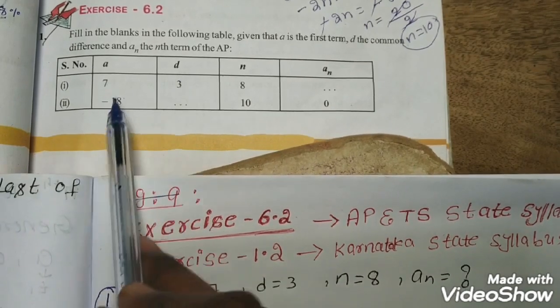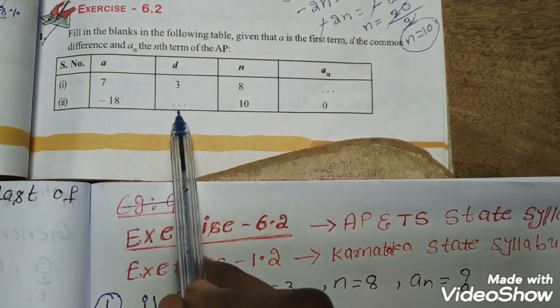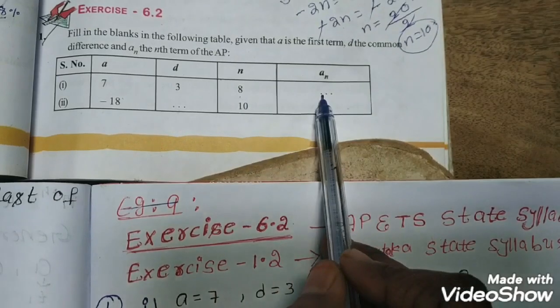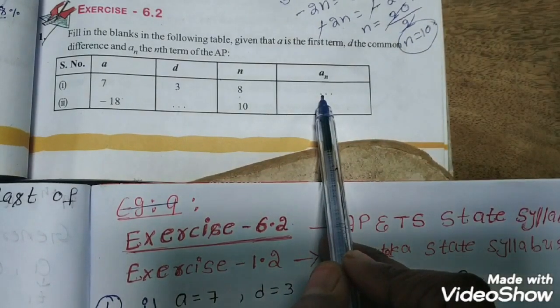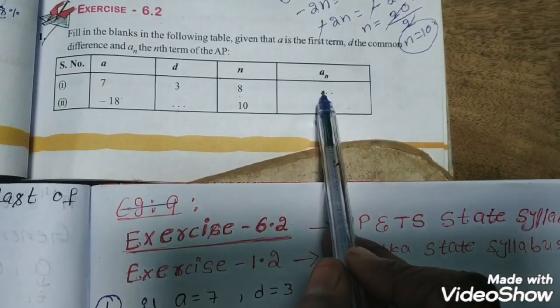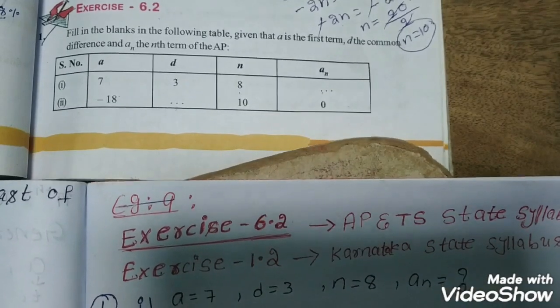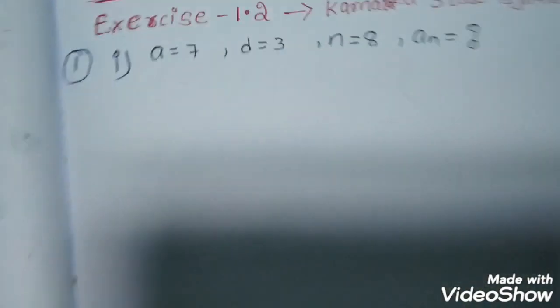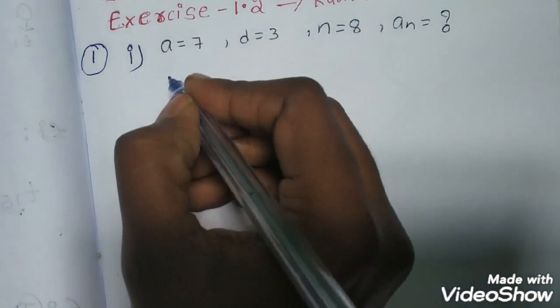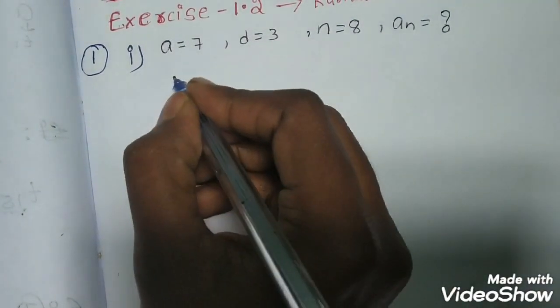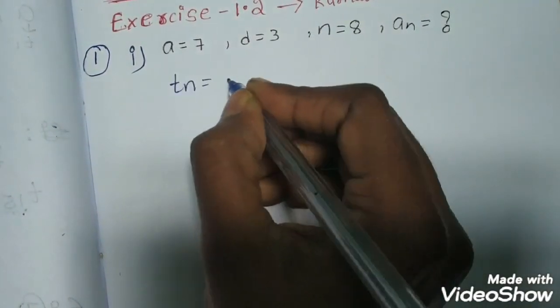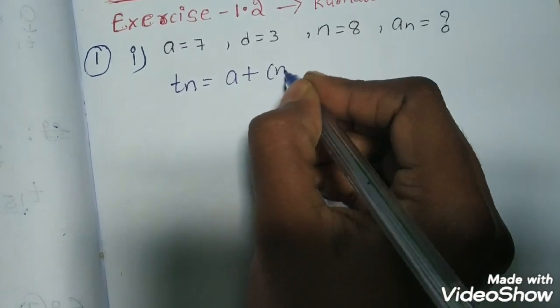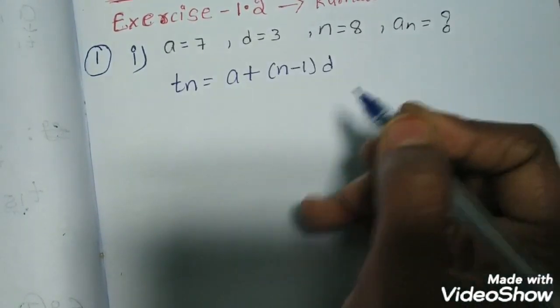See this. Already they given a, d and n, and we need to find an. That means nth term. What is the formula of Tn? Everyone knows that. Term n is equal to a plus n minus 1 into d.